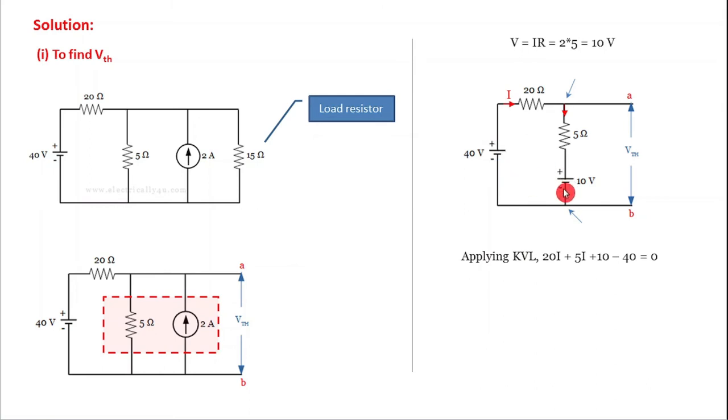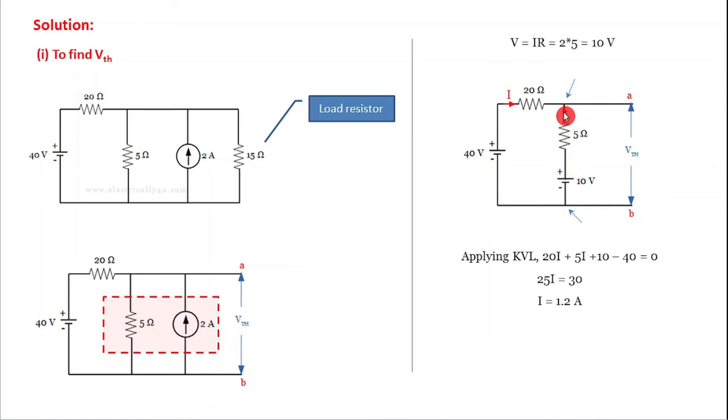Here the polarity is plus to minus, whereas here the polarity is from minus to plus, so we add a minus symbol here. If you solve this, you get I equal to 1.2 ampere. So we have obtained the current through this path as 1.2 ampere.